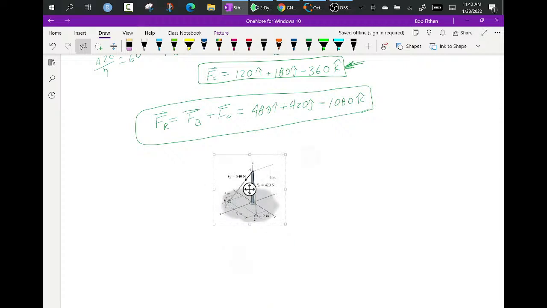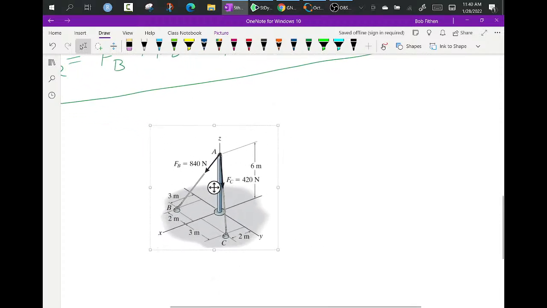Well, maybe I can. I can sort of do it. So here's what I'm going to do. I can use this white pen and get rid of that force, and get rid of that force, and say, okay, I actually have an equivalent force that's kind of out here, and it's connected to somewhere.